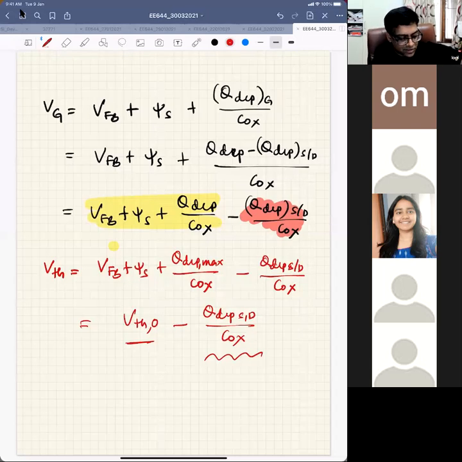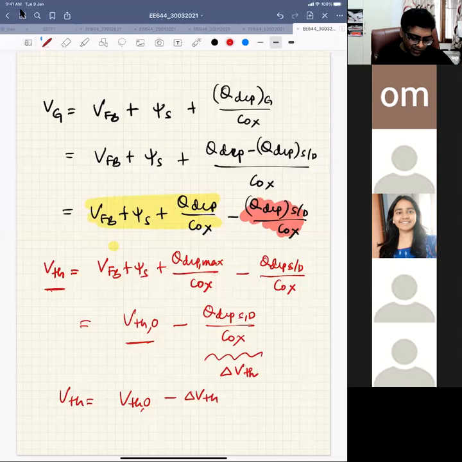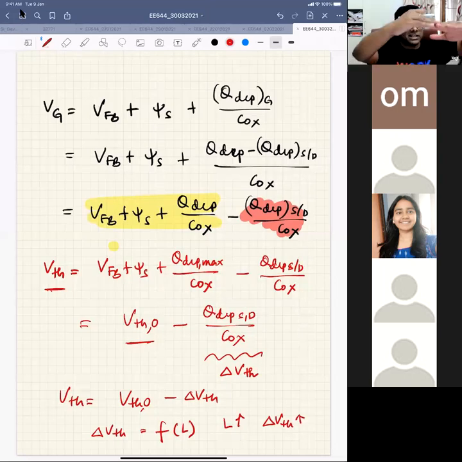So your actual threshold voltage is that of a long channel transistor minus some amount, let's say delta VTH. So VTH will be VTH 0 minus delta VTH, and delta VTH is a function of length. As your length decreases, your delta VTH will increase, and your VTH will reduce, right?